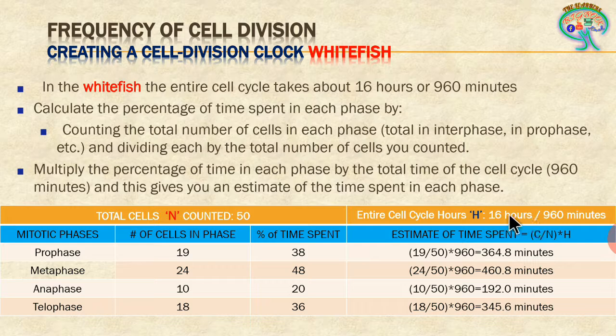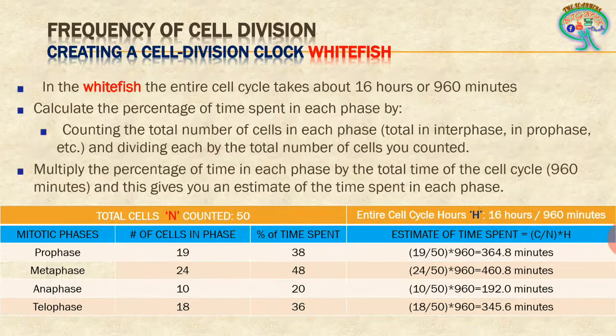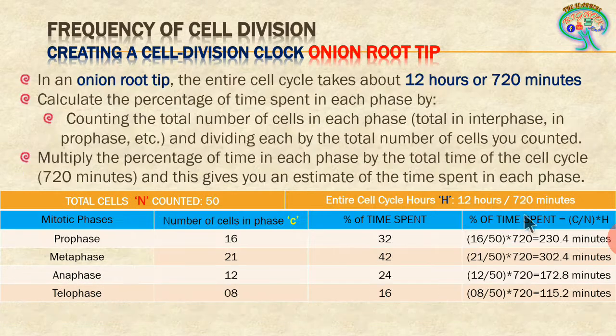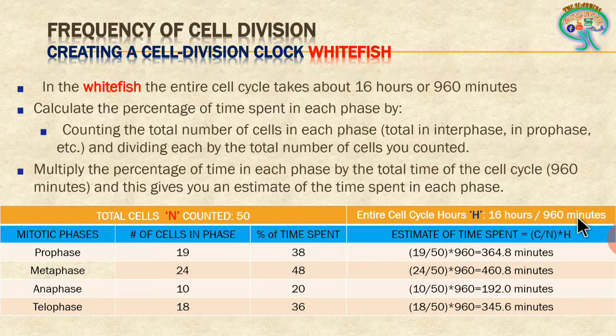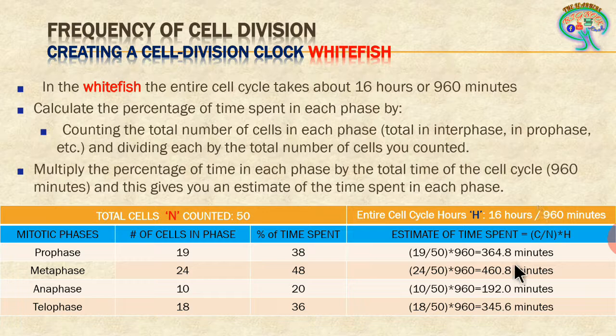For whitefish the constant hours are 16 and for onion root tip the constant hours are 12. So 16 and 12 hours give 960 minutes and 720 minutes as constants. These are the estimate of time spent for this particular number of cells within that stage, each respective to its stage.